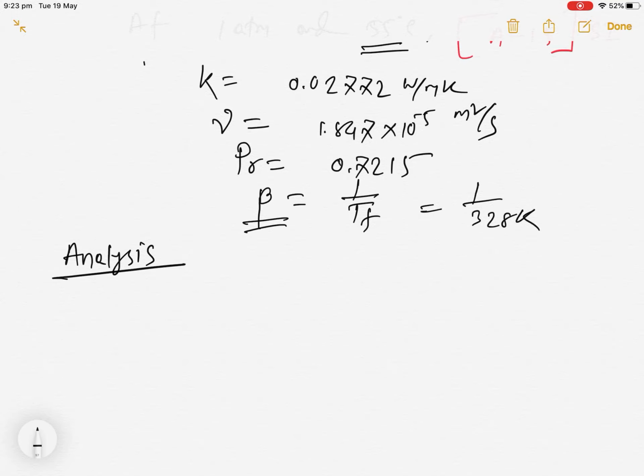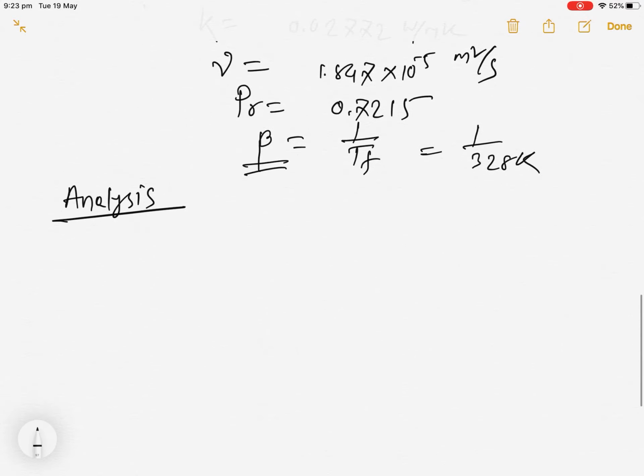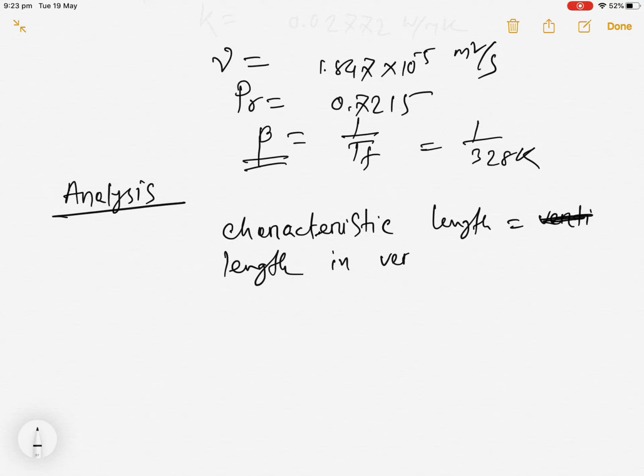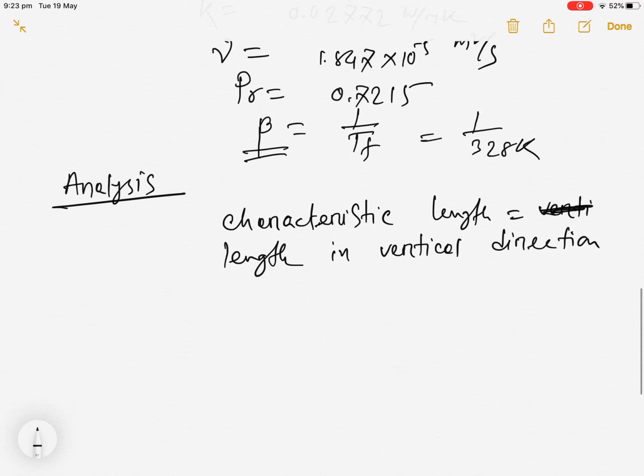In some cases we discussed that we can use the other one for the characteristic length, but here the length of the fins in the vertical direction, we will consider this the characteristic length. So I can write it like this: characteristic length is equal to the length of the fin in the vertical direction.